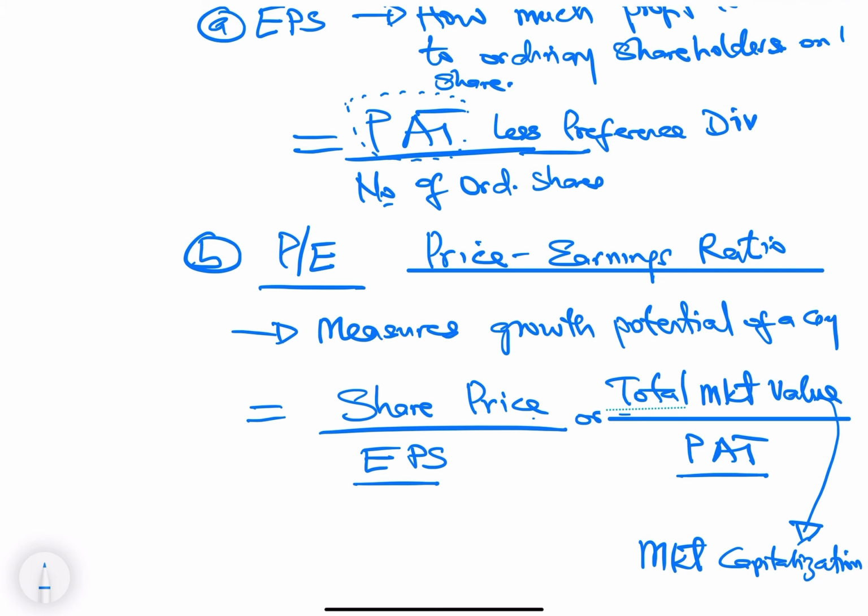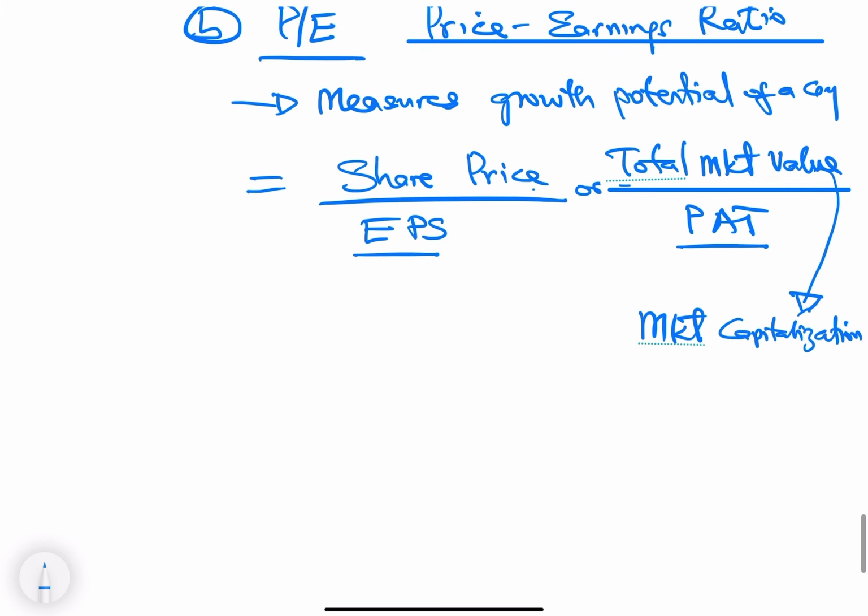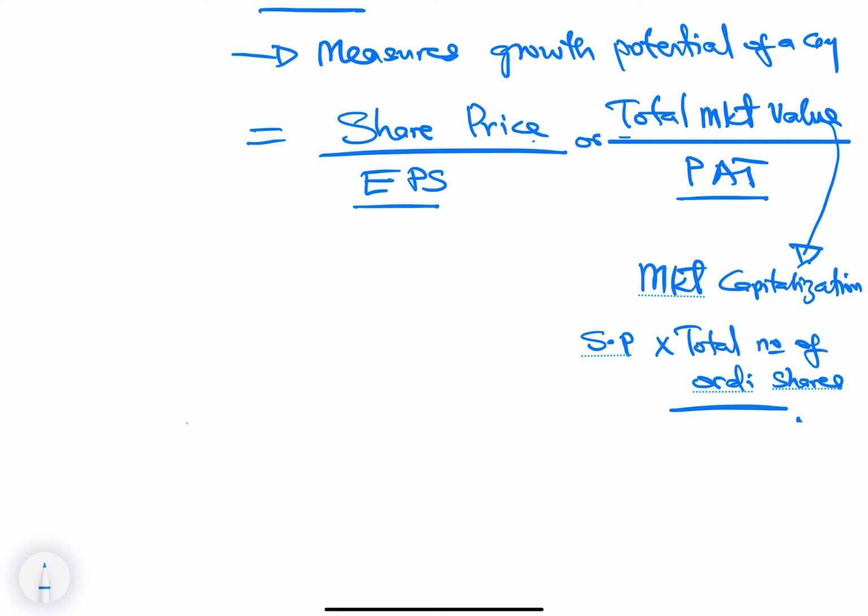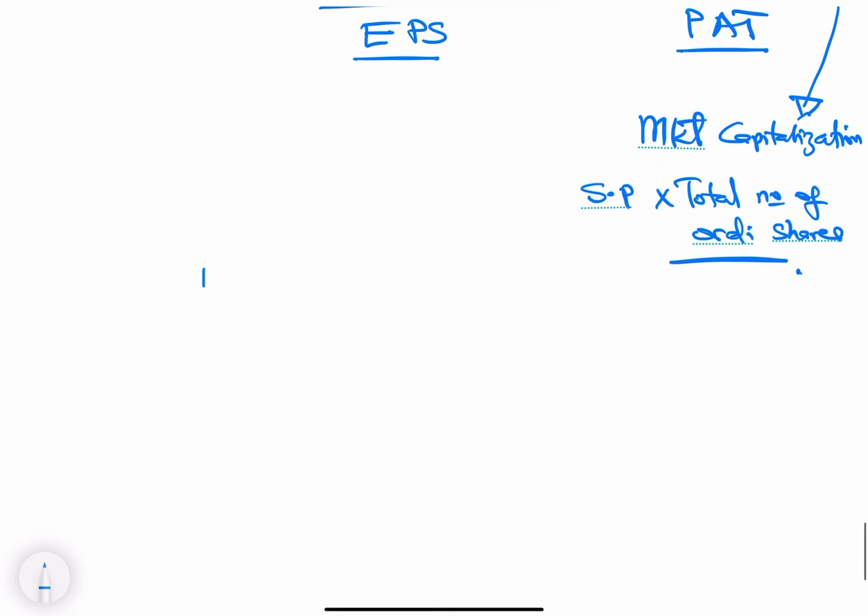Remember how to calculate that in case you're not given. Market capitalization is just your share price multiplied by the total number of shares in issue, the total number of ordinary shares. That's market capitalization. In terms of interpretation, likewise for this, the higher the better, because the higher your growth potential.